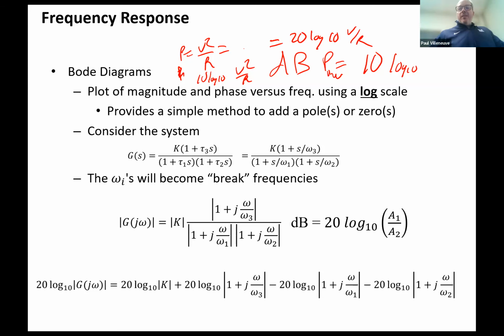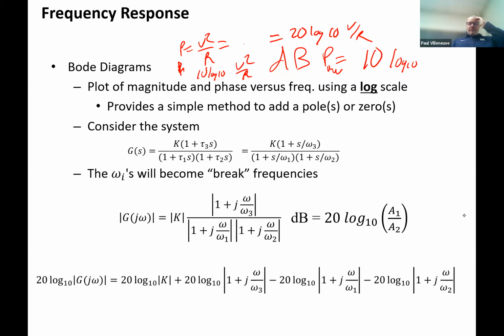Because then you're left with 1 over the square root of 2. But then when you square it for power, you get 1/2 the power. So your break frequency is an actual definition for the half power frequency. And we'll see how that comes into account more and more.